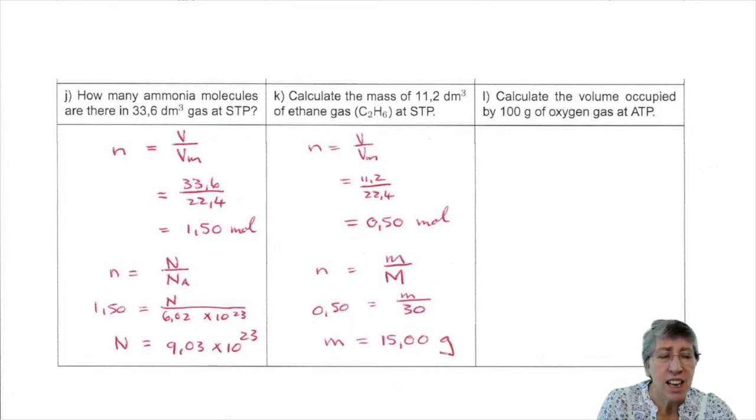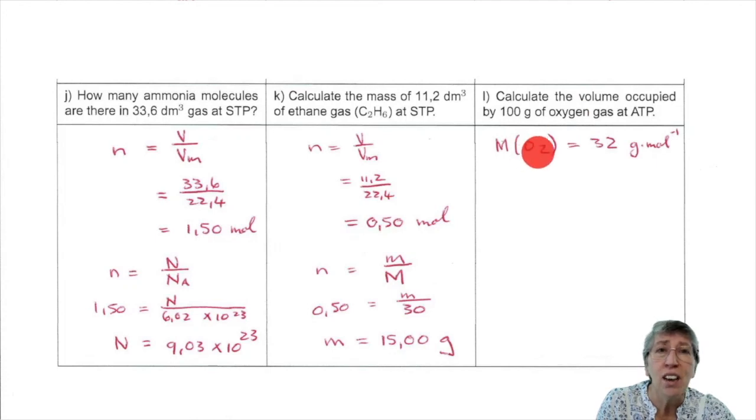In number L, they ask us to calculate the volume occupied by 100 grams of oxygen gas. Now, volume and gas, I'm definitely going to use that n equals V over Vm somewhere, but I'm starting out with mass, and it's oxygen gas. Now, first off, there's something you need to remember about oxygen gas. Oxygen gas is a diatomic molecule, which means it occurs as O2.